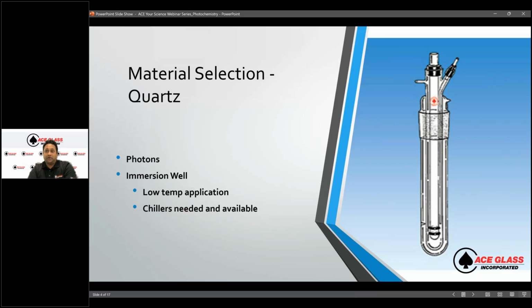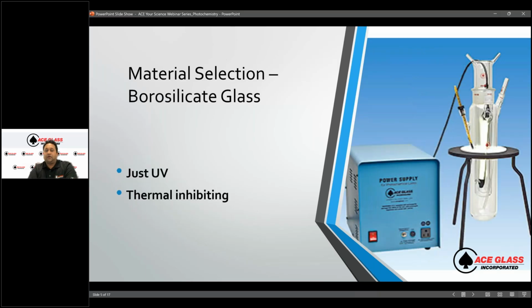So quartz is used because it does not inhibit the radiation associated with ultraviolet light. However, borosilicate glassware does. So when you're designing something, you want to look at how the energy is going to be transmitted through your media.